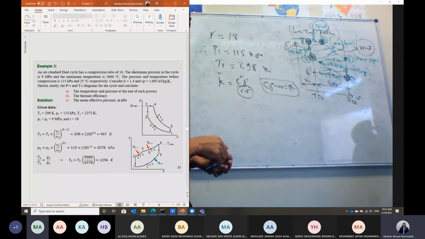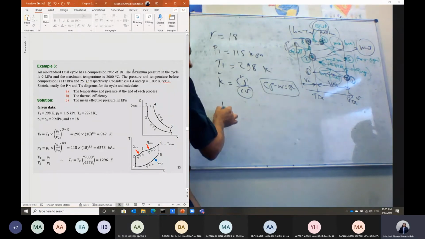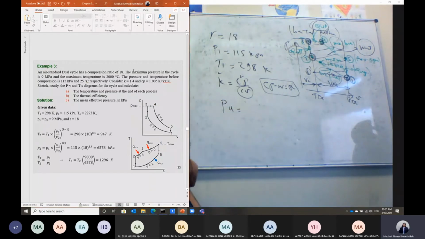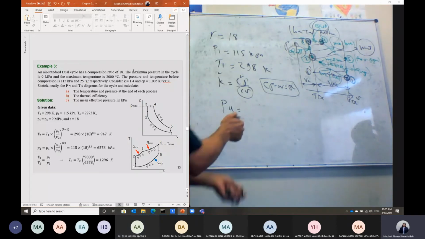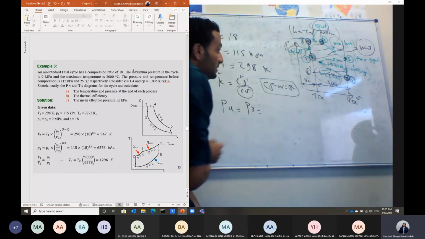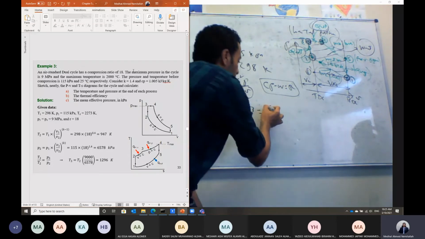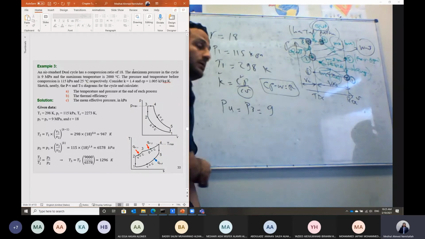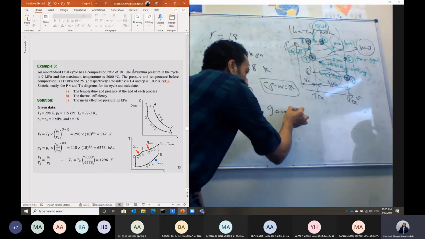It should be 4, exactly. So in this case, if I told you I have the maximum cycle pressure and temperature, we are talking about the pressure and temperature after the combustion process. So the pressure P4, which is the same as P3, this is the constant pressure process, is equal to 9 megapascal, which is 9,000.